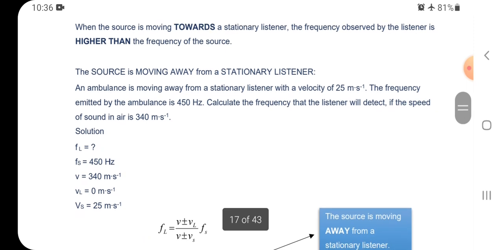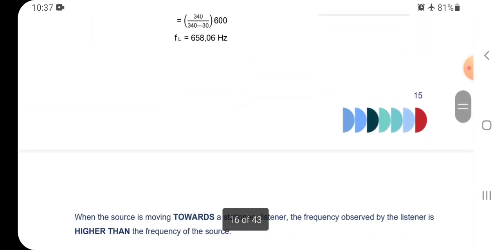So here is when the source is moving towards a stationary listener, so the frequency observed by the listener is higher than the frequency of the source. Just know that. So the source is moving towards the listener in this example, and this has to do with that first one.